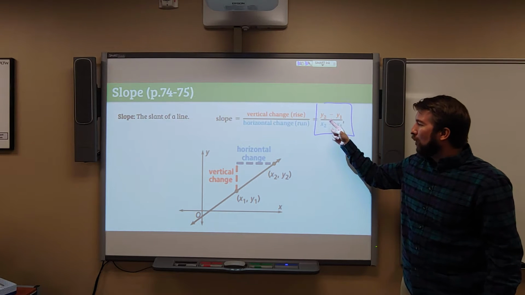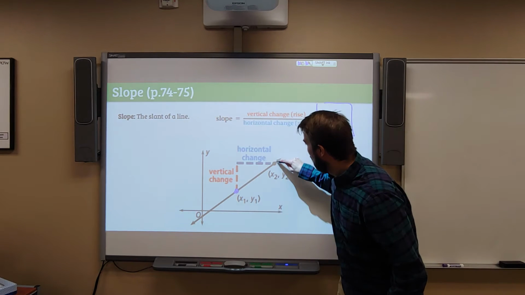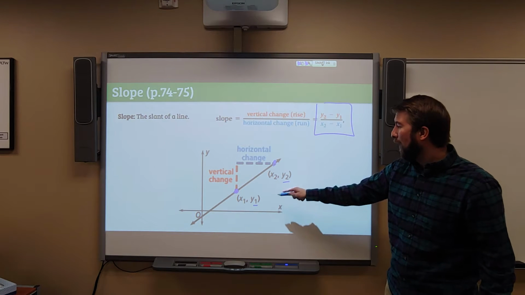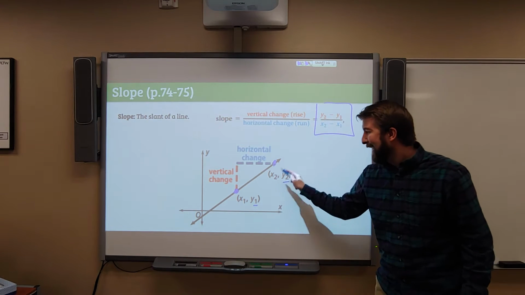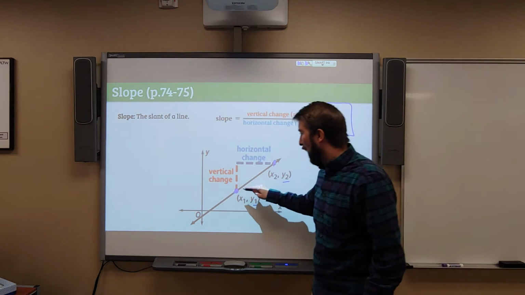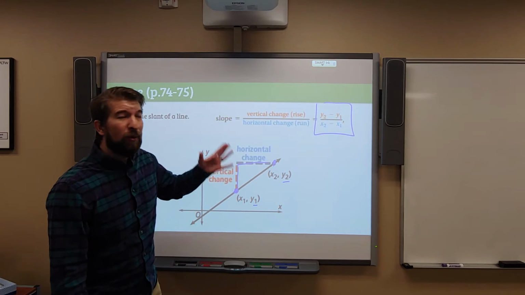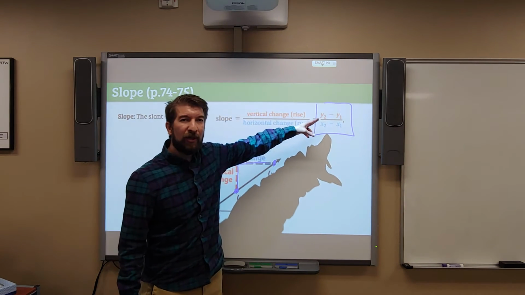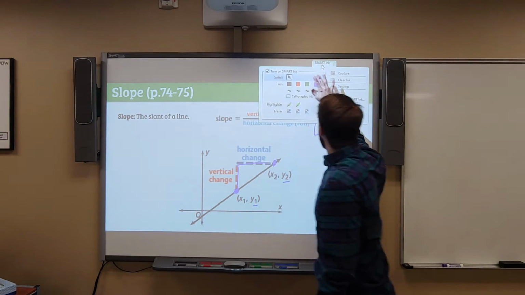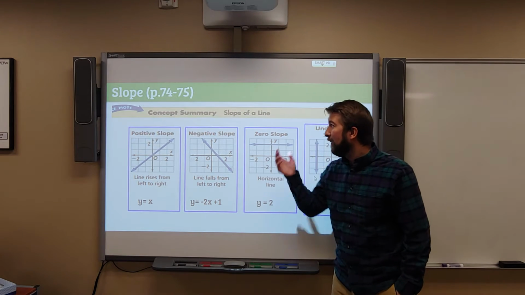You're going to have two points, so it'll be y2 minus y1 over x2 minus x1. Rise over run. That is slope. If you didn't know the slope formula, I would write that down in your notes.